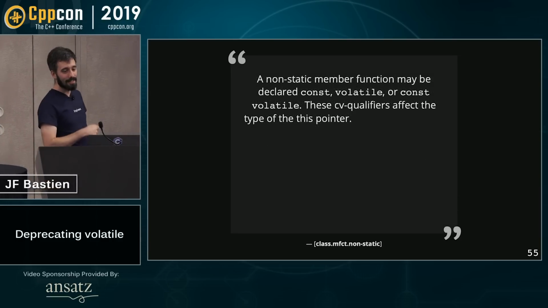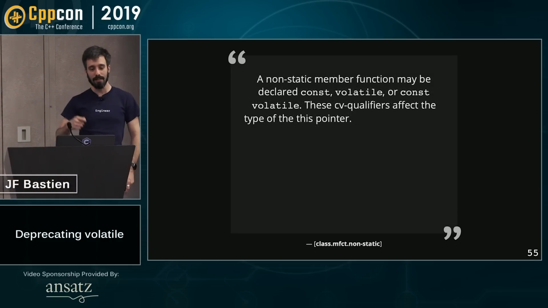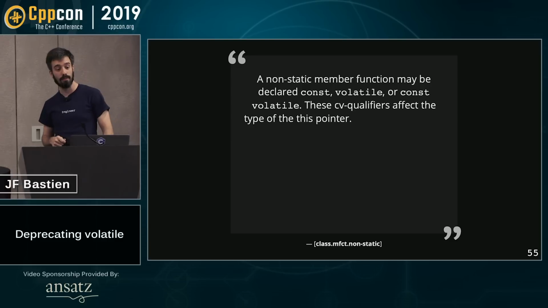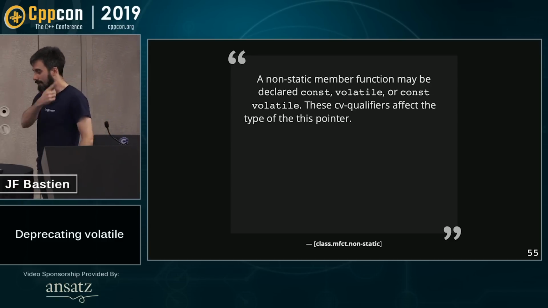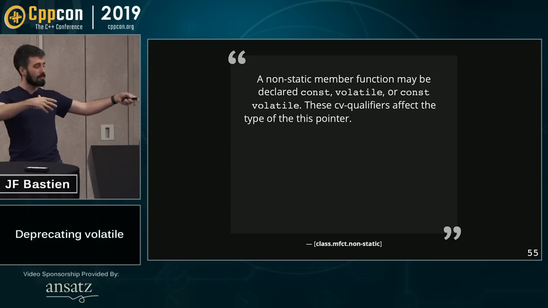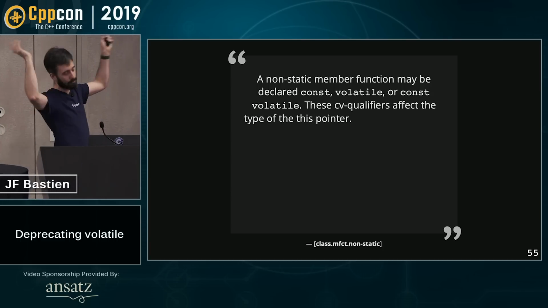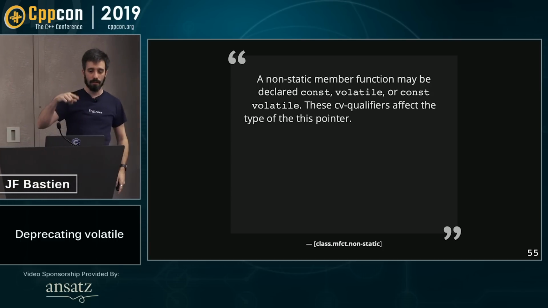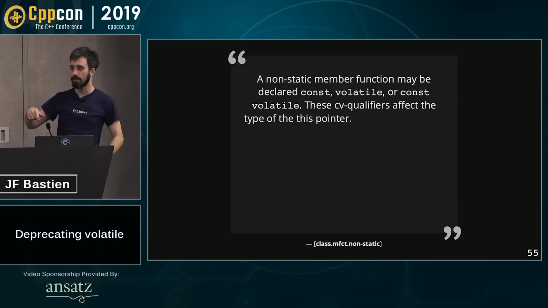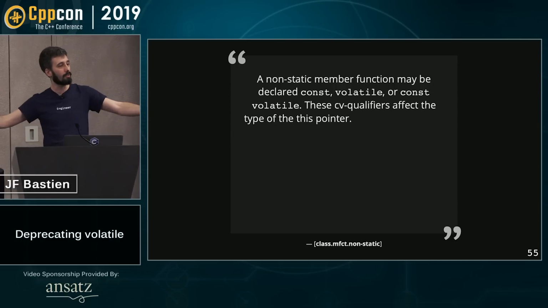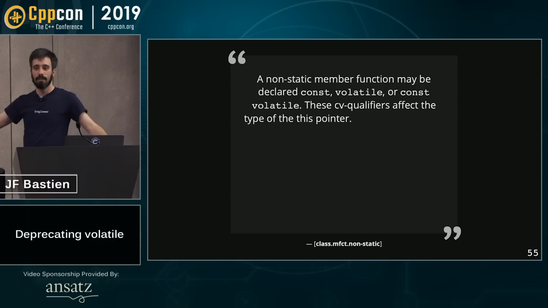Okay, so a non-static member function may be declared const, volatile, or const volatile. These cv-qualifiers affect the type of the this pointer. So this is where C++ took the C stuff with volatile, they added const, and they're like, oh, well, you kind of should be consistent. They're like volatile everywhere, right? Who's had a hard time adding const to functions, and then it's an explosion, you gotta add const everywhere in your code, right?